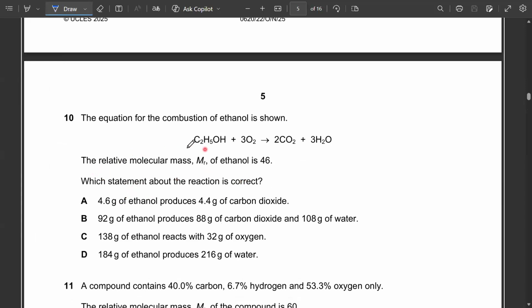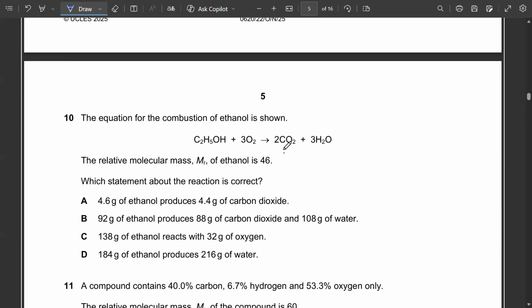As we know, 46 is the MR value of ethanol. We need to use the equations and also the calculations to find the correct answer.